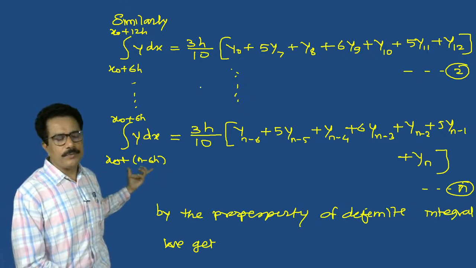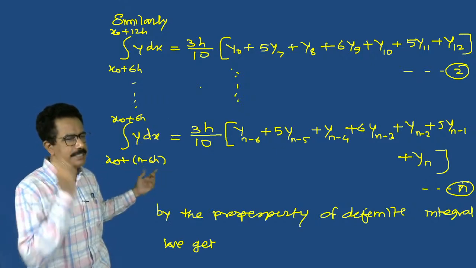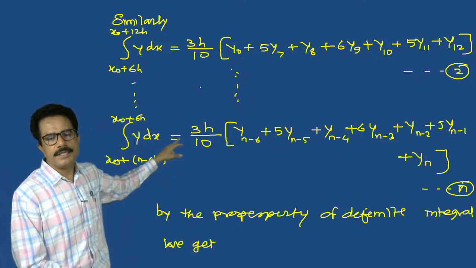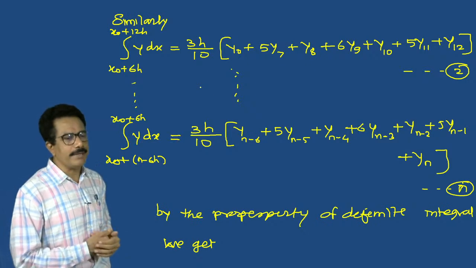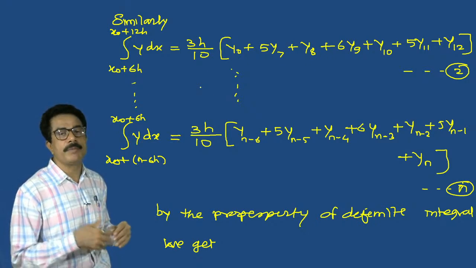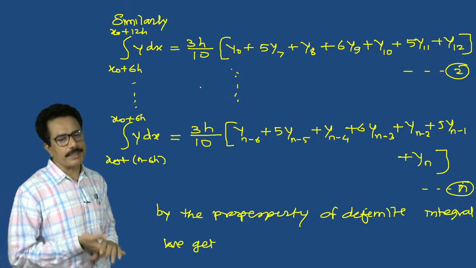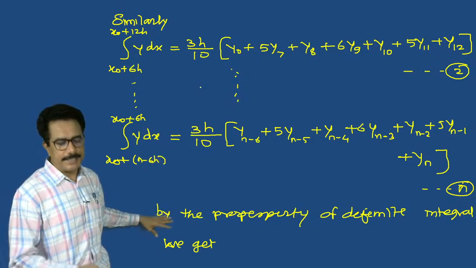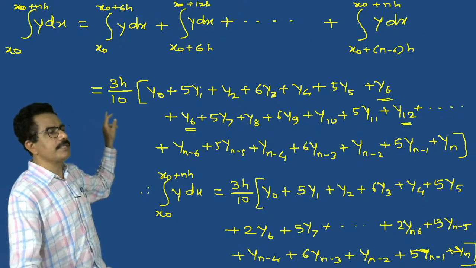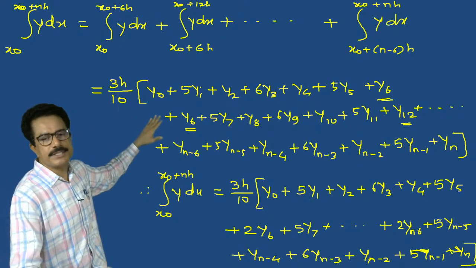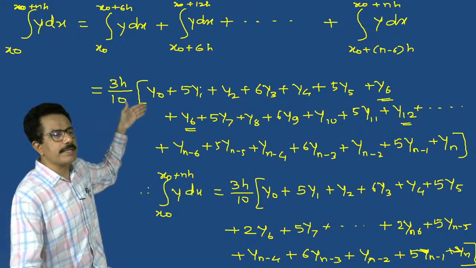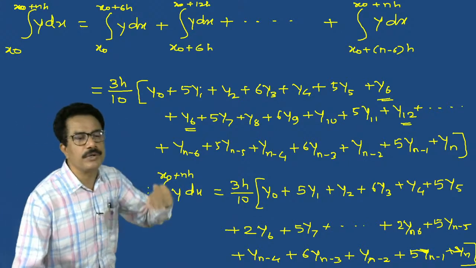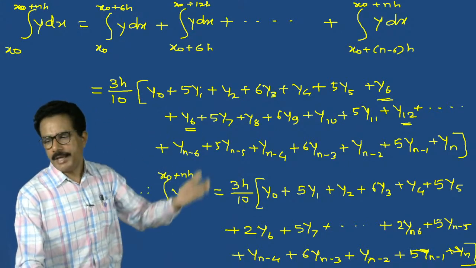Okay. So we can write this as integral from x0 plus n minus 6h to x0 plus nh, then we get 3h divided by 10 into yn minus 6 plus 5 yn minus 5 and so on. In this way we can write this. So by using the property of definite integral, x0 to x0 plus nh can be written as x0 to x0 plus 6h, x0 plus 6h to x0 plus 12h, and so on up to x0 plus n minus 6h to x0 plus nh.